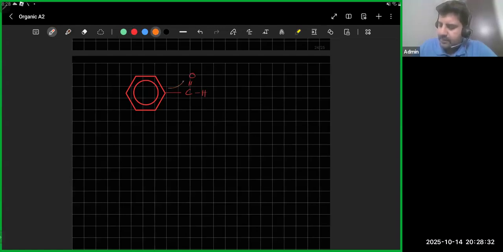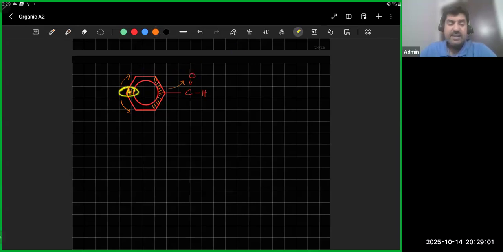It's going to withdraw electrons, so the electron density at this position is going to be lower. And since overall the electrons are getting pulled towards the right side, the electron density is also going to be lower at this corner as well.